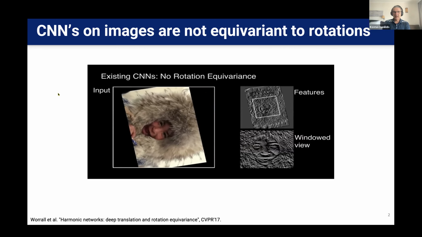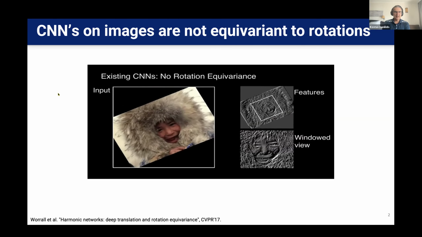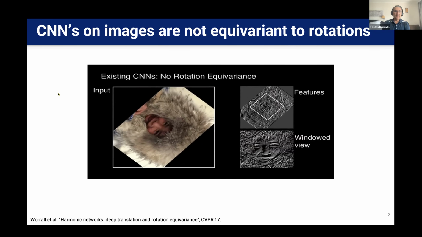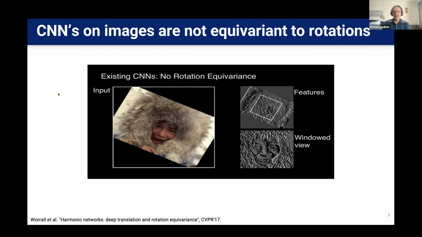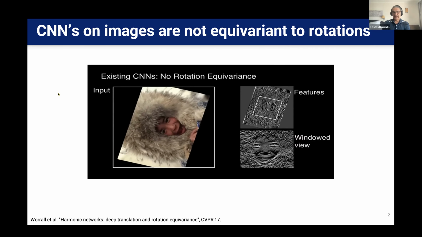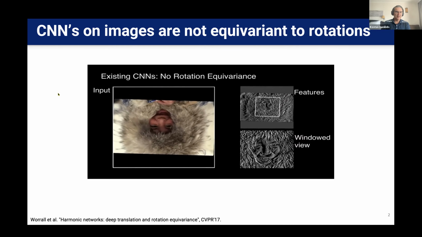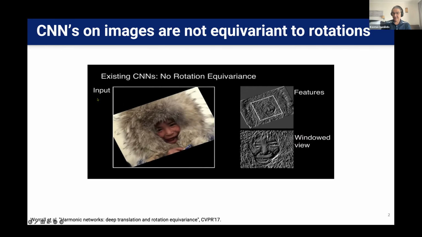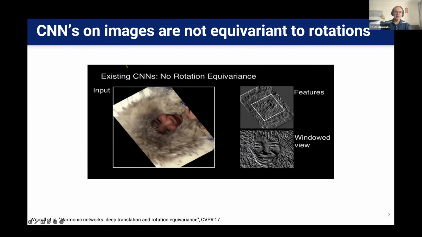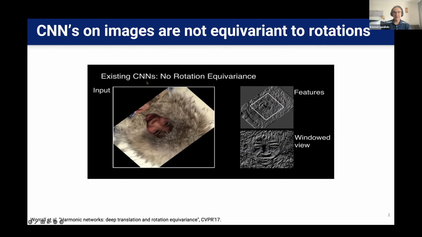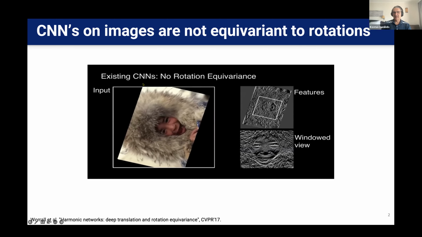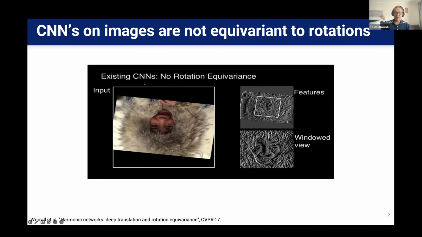But when one applies simple two-dimensional rotations, these CNNs are not rotation equivariant. This video is from Daniel Worrall's presentation of harmonic networks 5 years ago, and you can see that when the input image is rotated, the content of this window does not remain the same as it should.